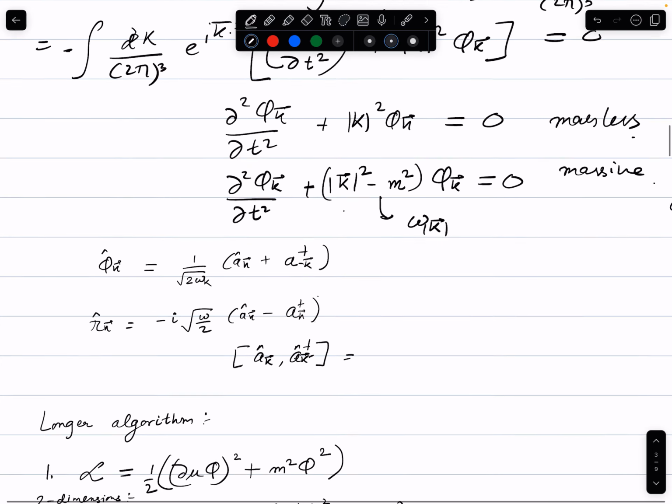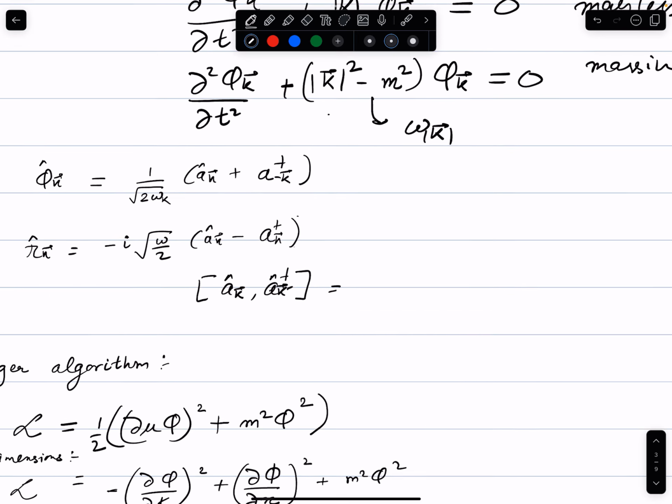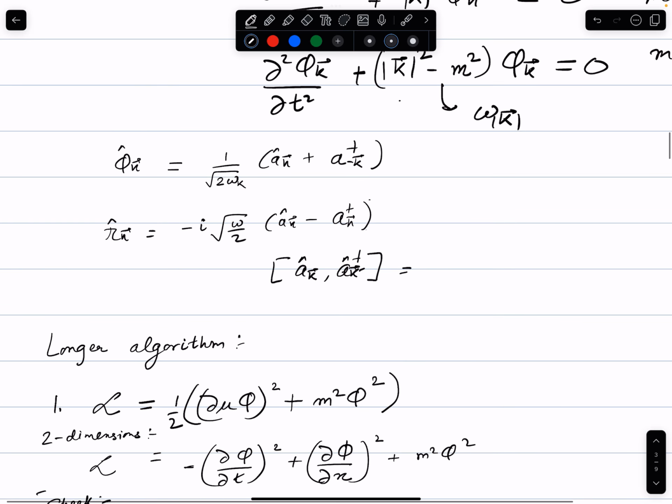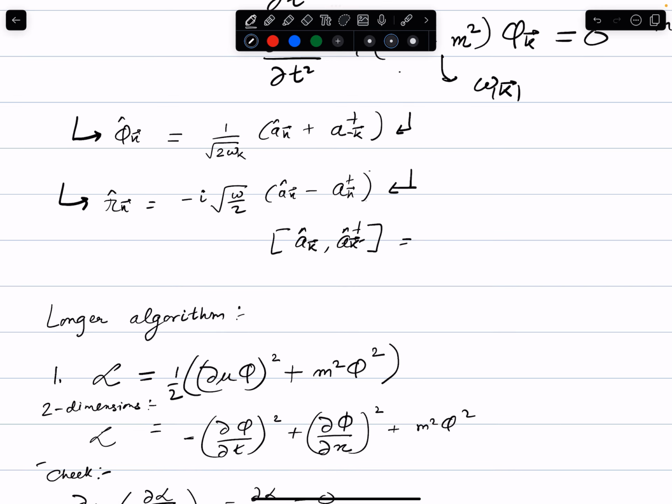What do we have? We can quantize each harmonic oscillator like before. So we make each harmonic oscillator into an operator, and then we can introduce the ladder operators, creation and annihilation operators, where we demand a commutation relation: [a_k, a_k'^†] equals delta.